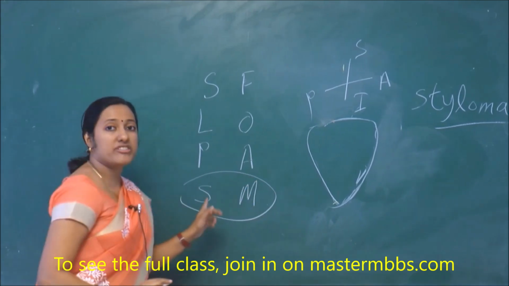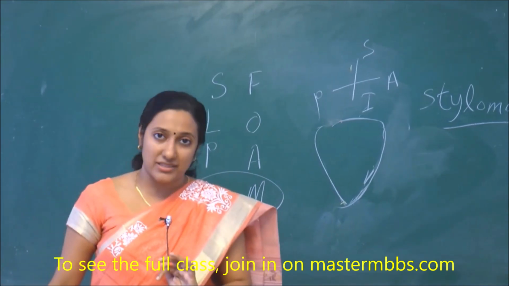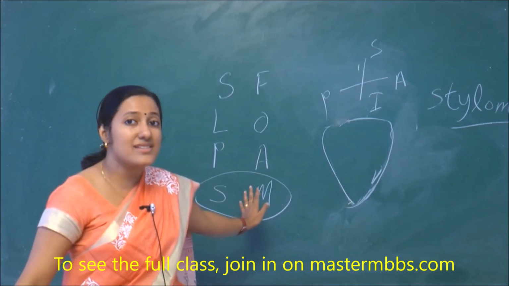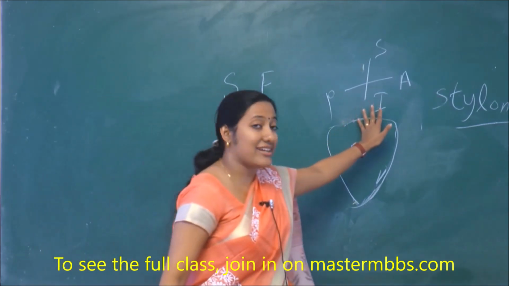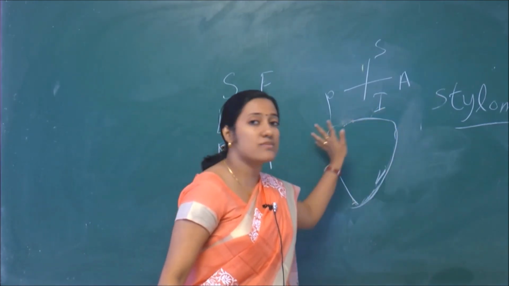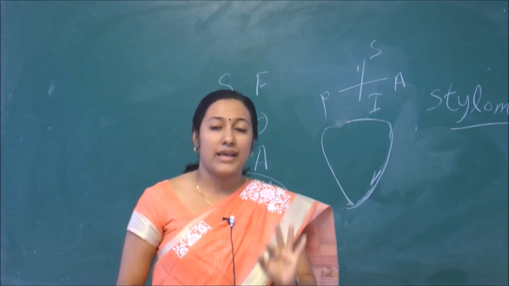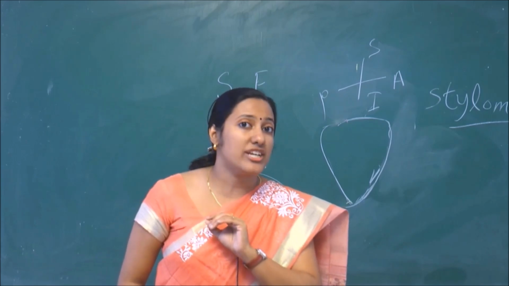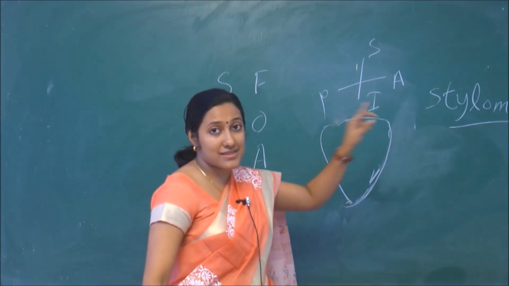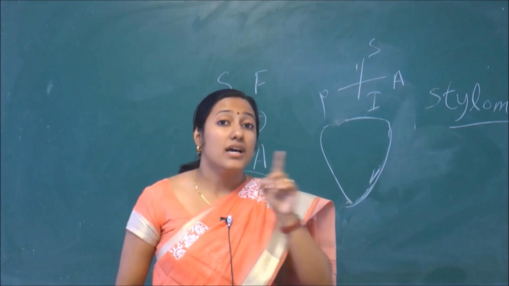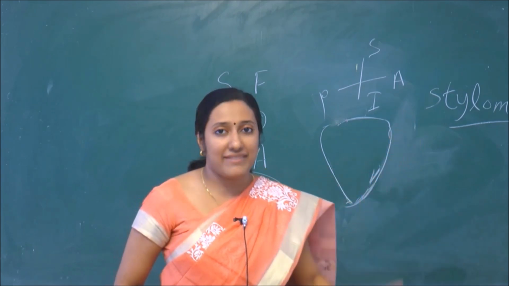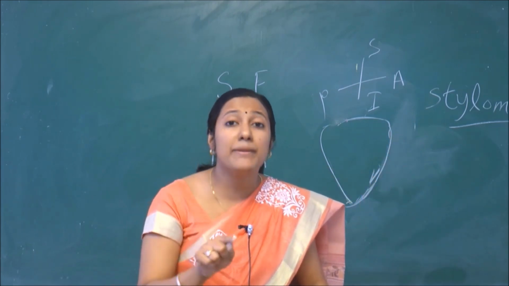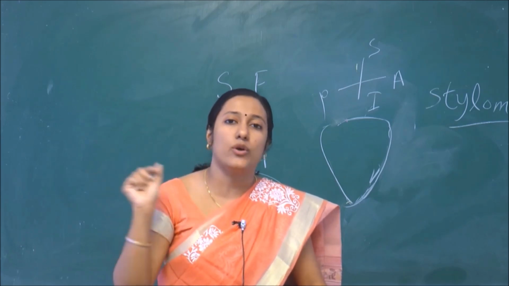So many of these branches we will see as the structures emerging from various borders of the parotid gland. As I already mentioned, from the base, the two vessels, mainly the superficial temporal vessels, which is nothing but the terminal branch of the external carotid artery.